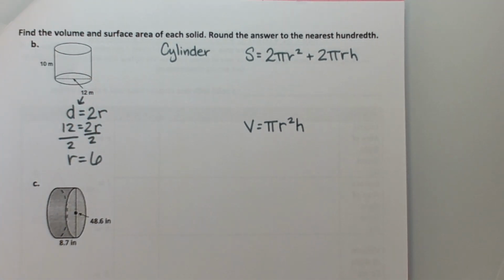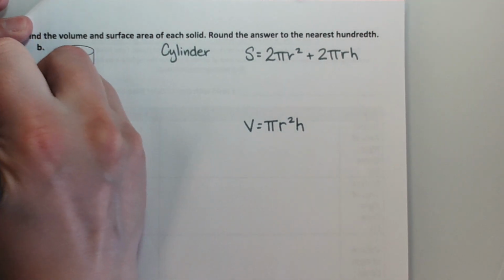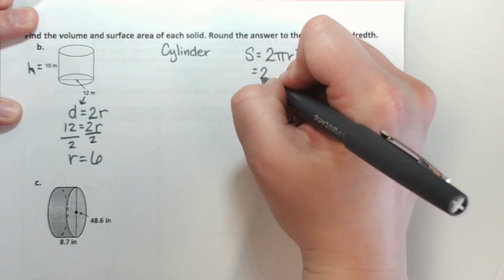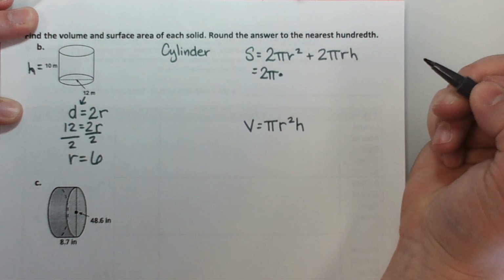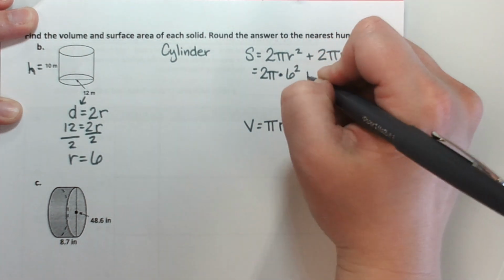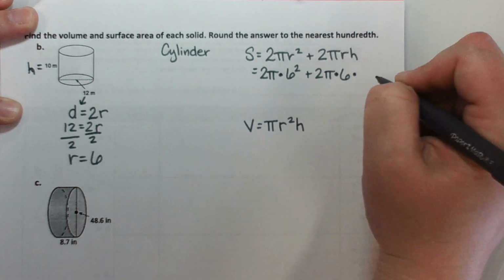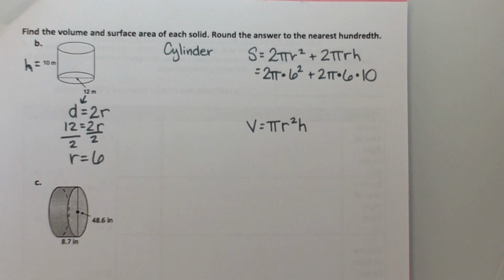Do I have the height? Yes, it is 10. Thank you. So, 2 pi times 6 squared plus 2 pi times 6 times 10. Ta-da.